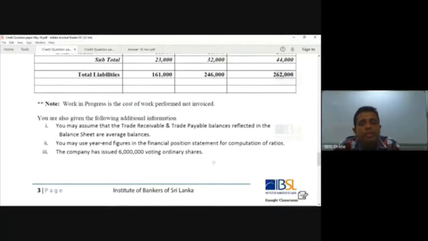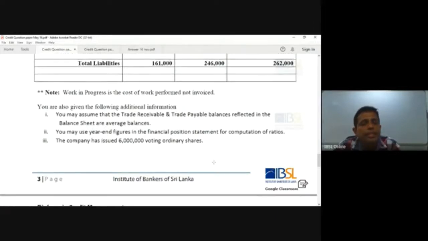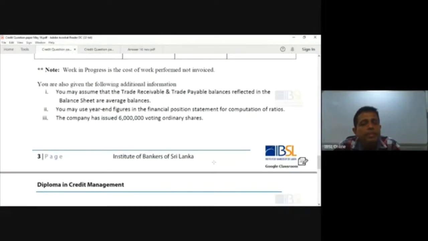Work in progress is the cost of work performed, not invoiced, right? Then under the first note, you may assume that the trade receivable and trade payable balances reflected in the balance sheet are average balances, right? Therefore, in that case, you need not average those things again and again.